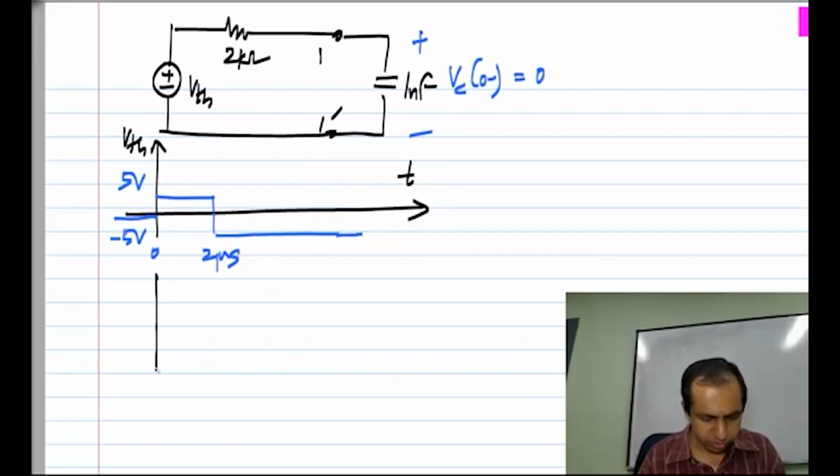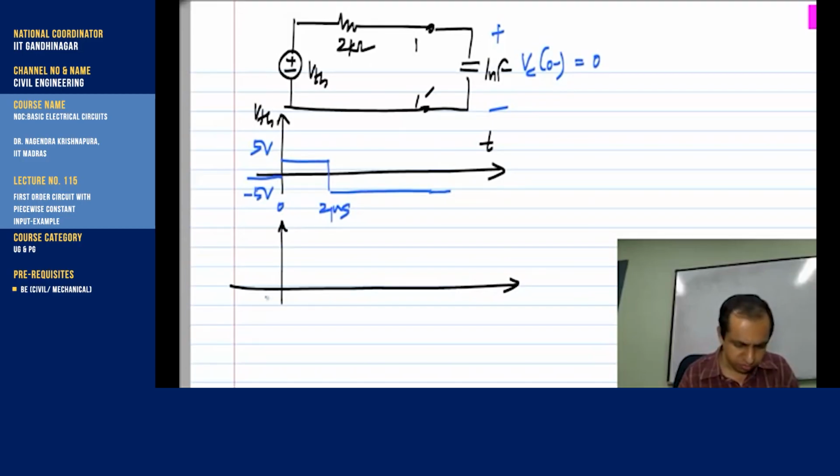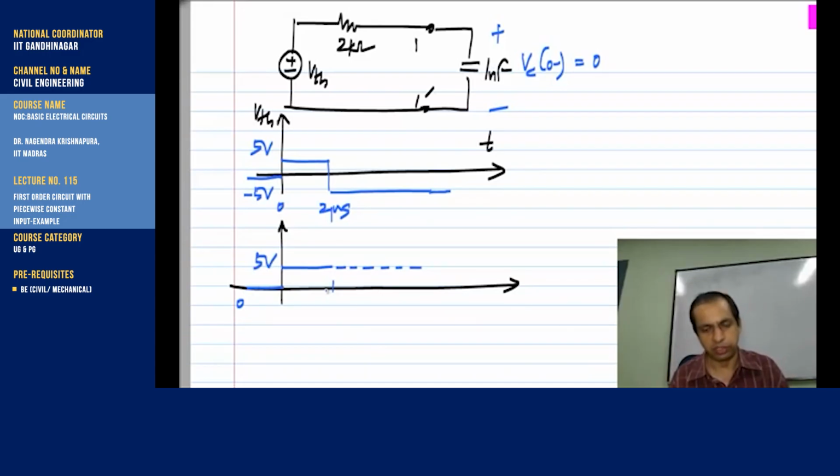That is, I will be solving the circuit for an input like this. After this it will change, but it doesn't matter, its effect will only come later. This is 0 volts, that is 5 volts, that is 2 microseconds. And we know how to do this, we have done this already.